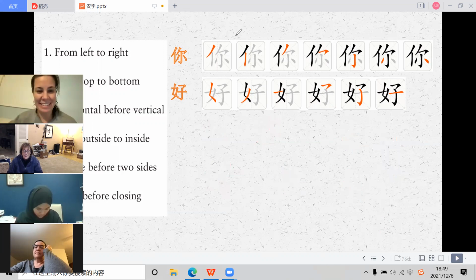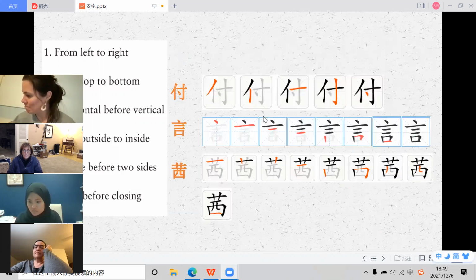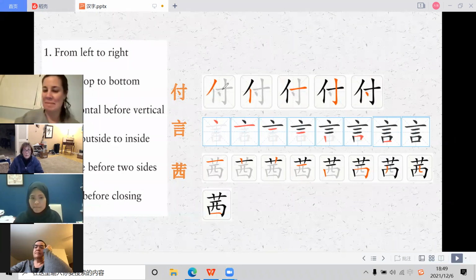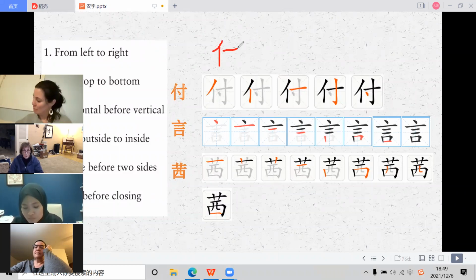Let's write some names one by one. So 伏: left, right. It's easy.